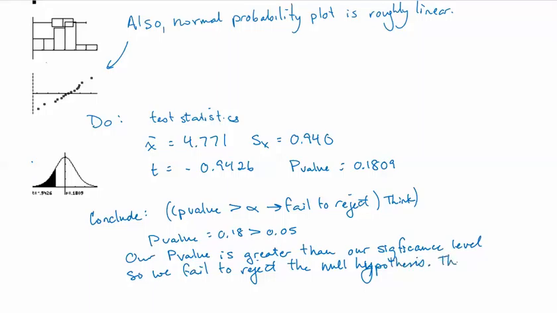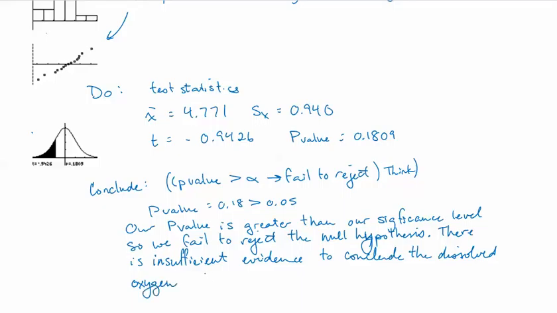There is insufficient evidence to conclude the dissolved oxygen level is less than 5.0 milligrams per liter.